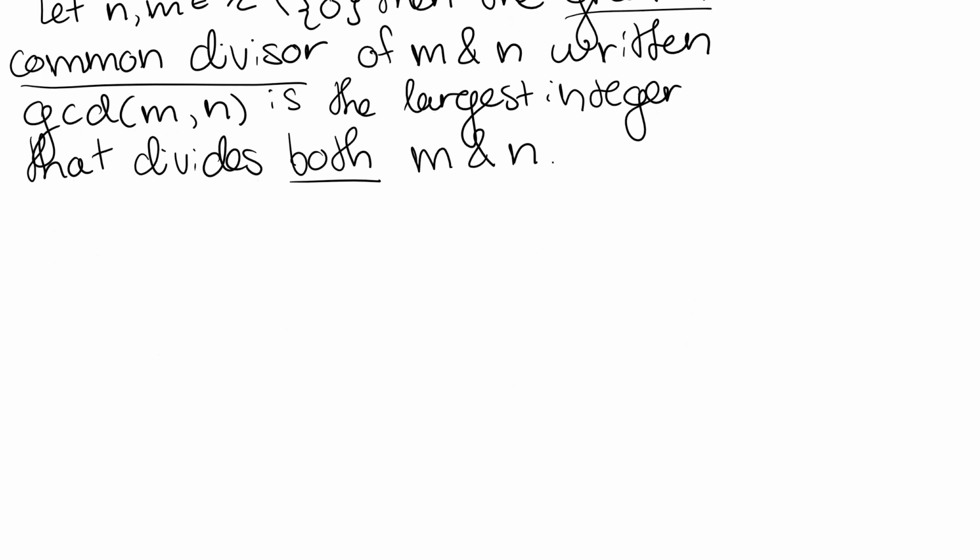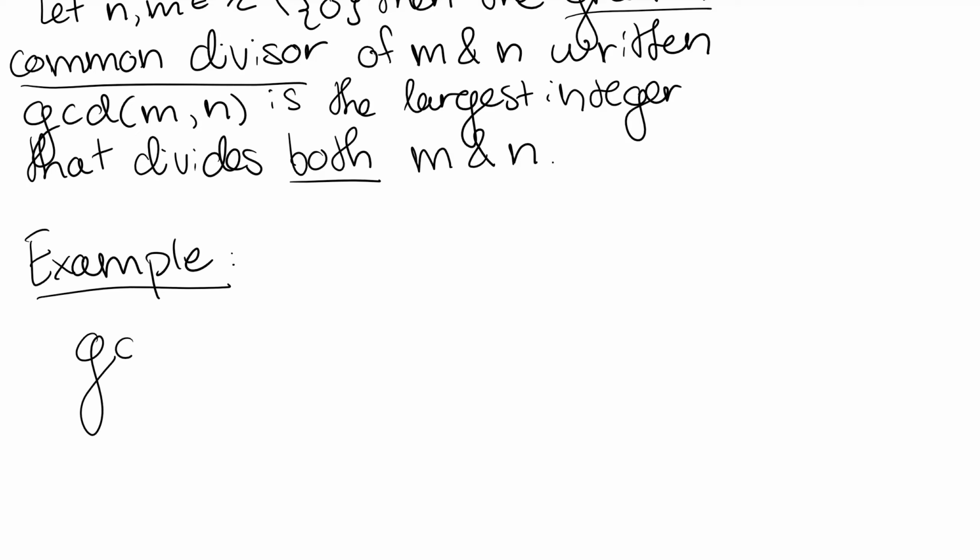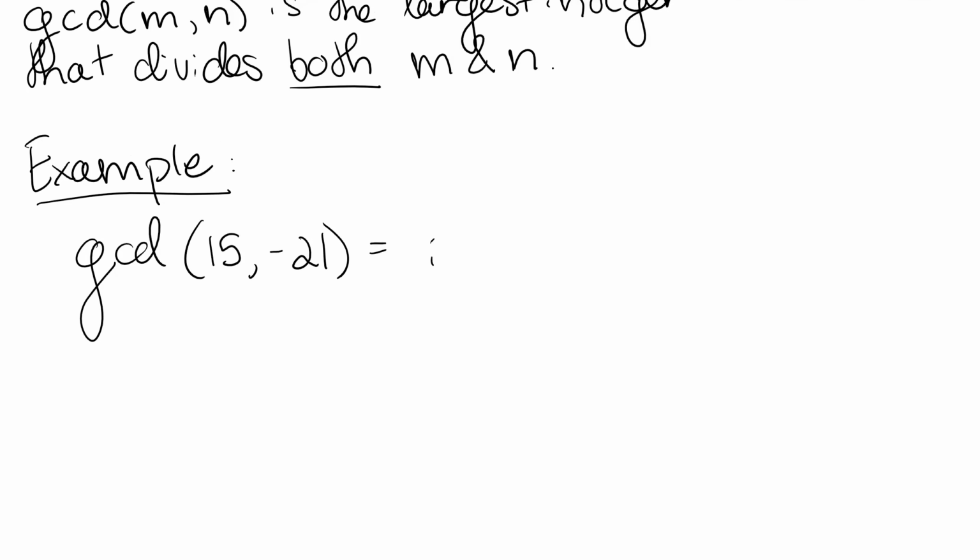So let's talk about an example. So maybe let's talk about what would GCD of 15 and negative 21 be. And you can try this on your own if you'd like. You just want to find the largest integer that divides both m and n. So we can think about 15's divisors.